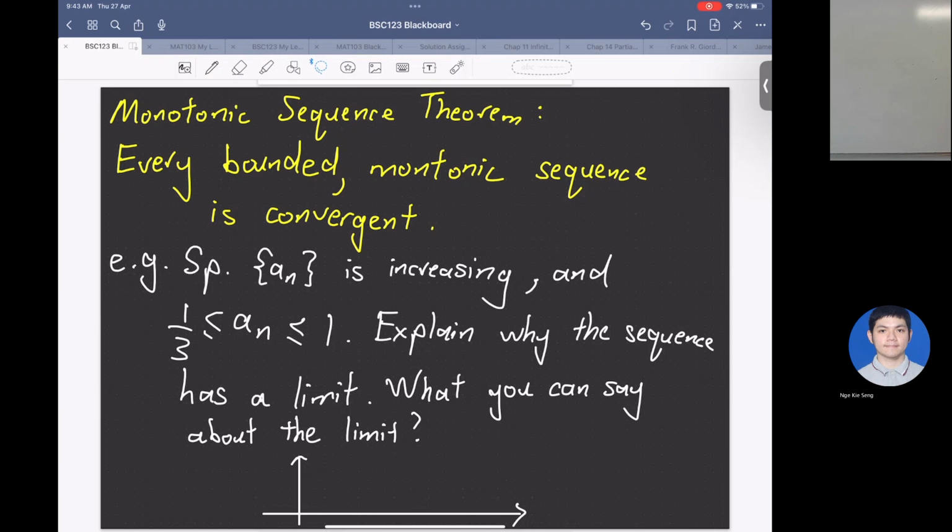It is bounded, okay. So why does bounded imply convergent? Is it enough to deduce convergence from boundedness?